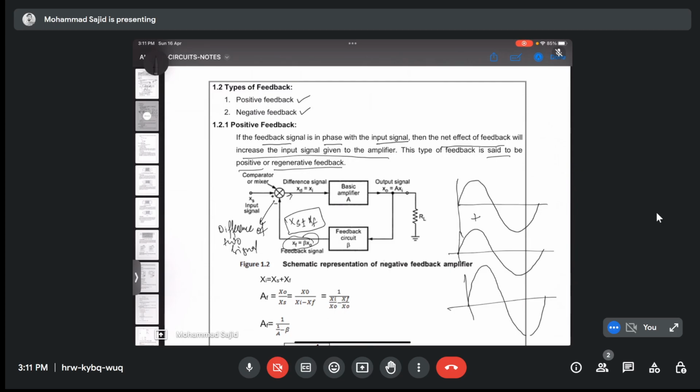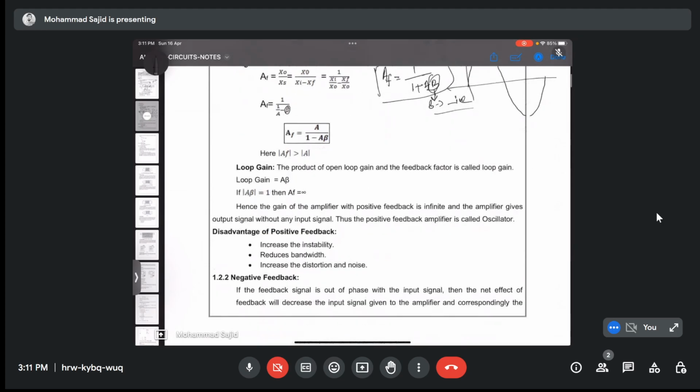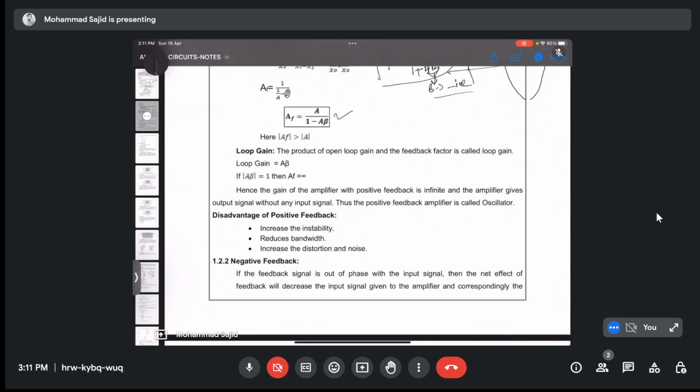So this is our input, rightly written here. Also, as I said, it has a gain of A, then what is the gain of the whole system? When you do the calculation, you'll find that it will be A over 1 minus A times beta. Here it's represented as 1 plus A times beta, because here beta is taken as negative. So this is the gain of the circuit with feedback. Now what is A beta?